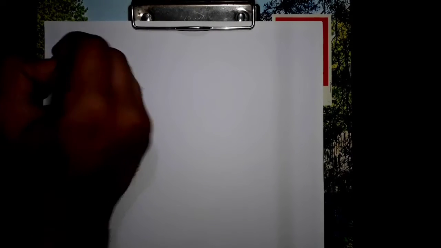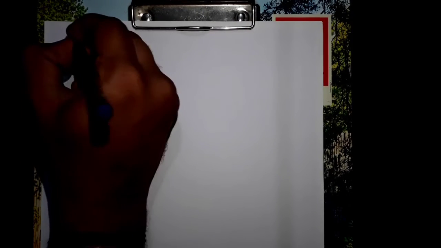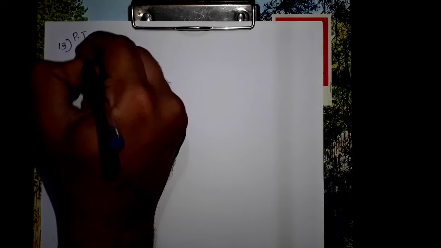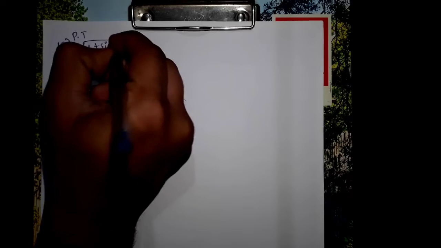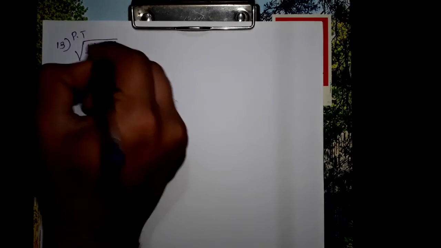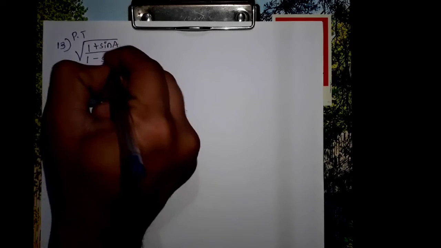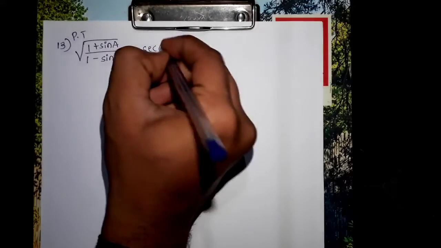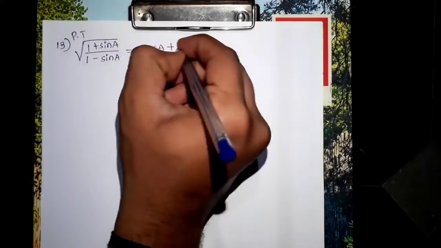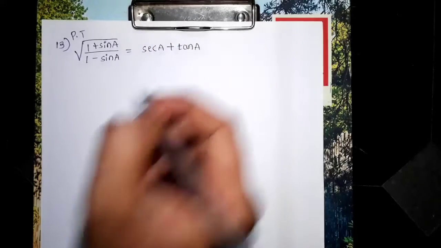Now let us go to the 13th question. We have to prove that the square root of (1 + sinA) divided by (1 − sinA) is equal to secA + tanA.